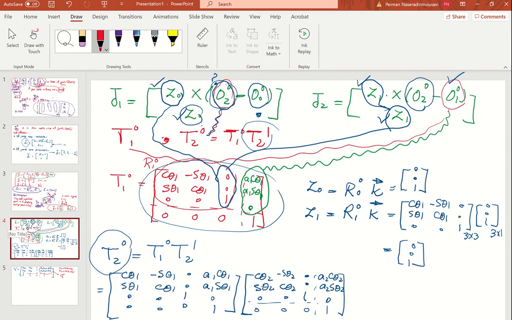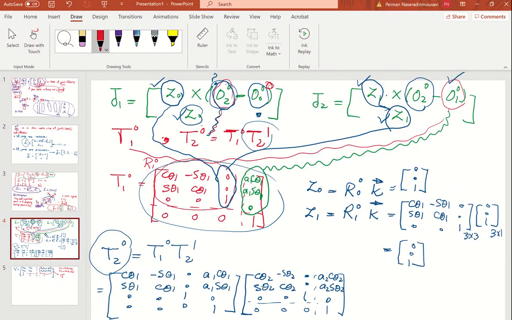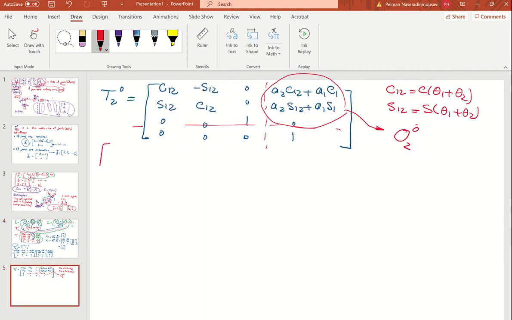J1 is Z0 cross product of O2 with respect to 0, and this is 0, obviously, because there was no displacement. Understand? And Z0, from here we got that. Z0 is 0 0 1. I'm writing here, guys. There's no magic. 0 0 1 is Z0.